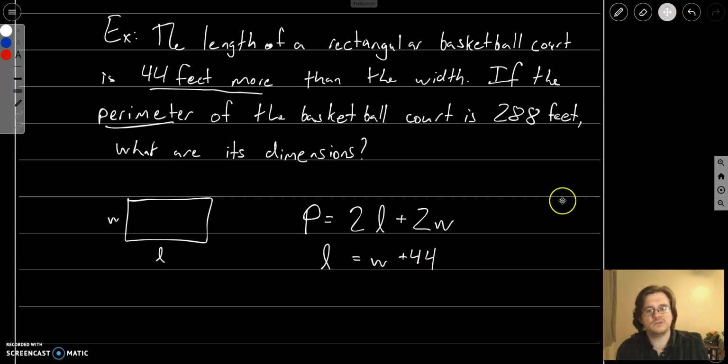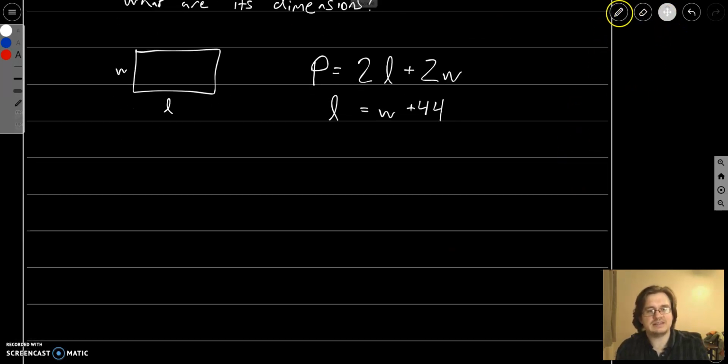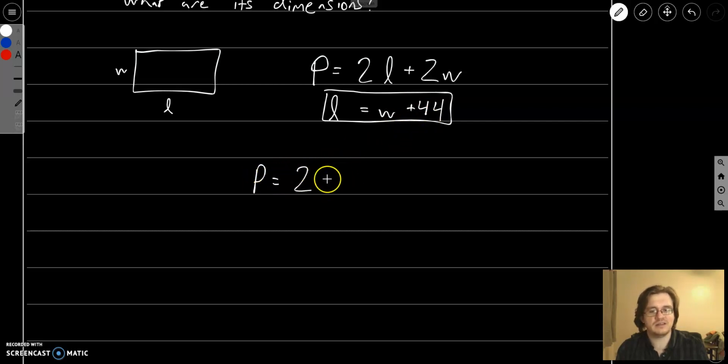So we have these two formulas, and since the length is equal to the width plus 44, anytime I see an L, I can replace it with this expression. So the perimeter, I know that's going to be 2 times the length, but here we know that the length is just W plus 44, plus 2W.